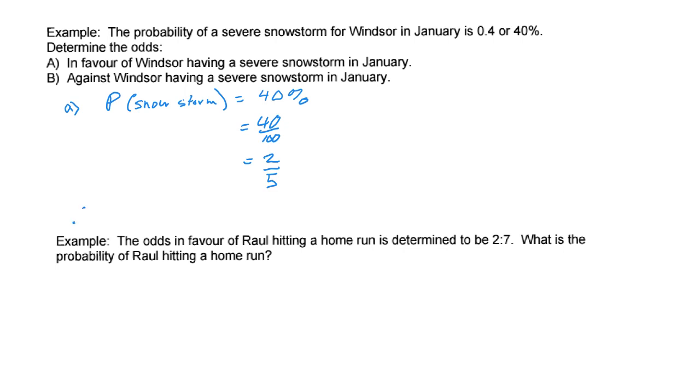Now, the odds in favor of having a snowstorm. If you look at this, the chance to get a snowstorm is 2. The total is 5. So, in order to figure out what goes here, we have to take 5 minus 2, and we're going to put 3 in there. So 2 to 3 is our odds in favor.